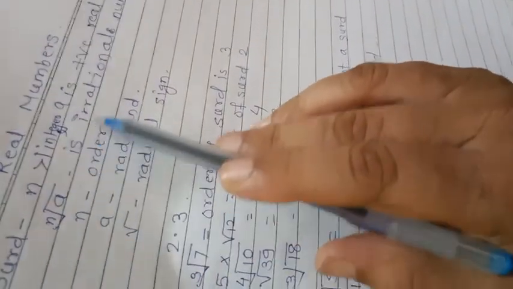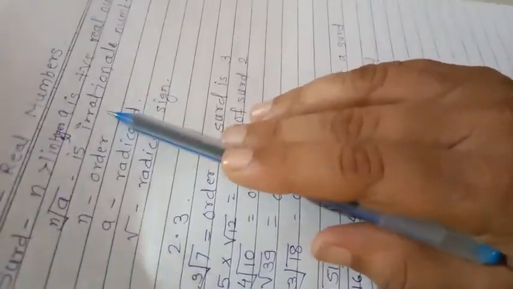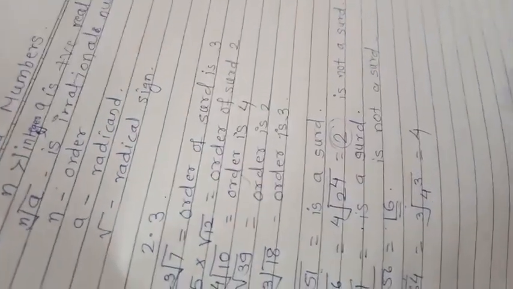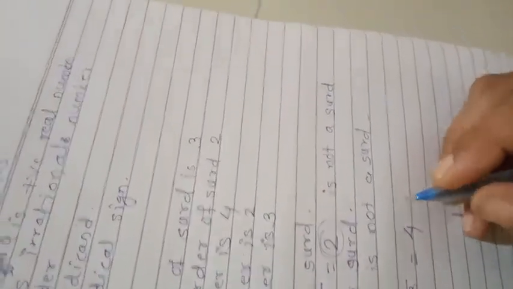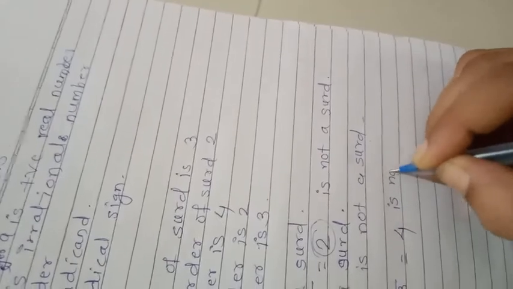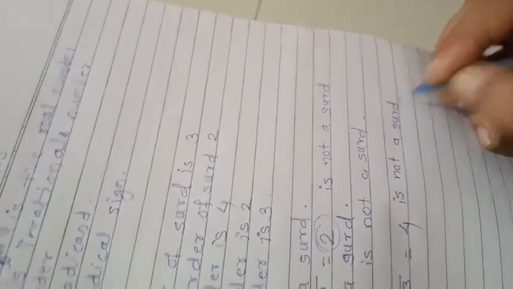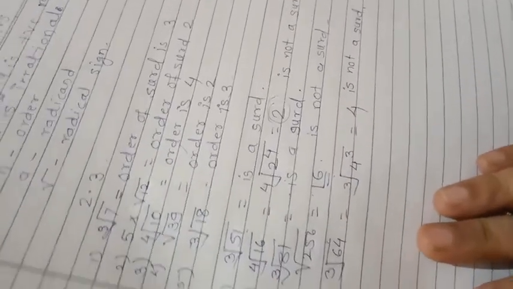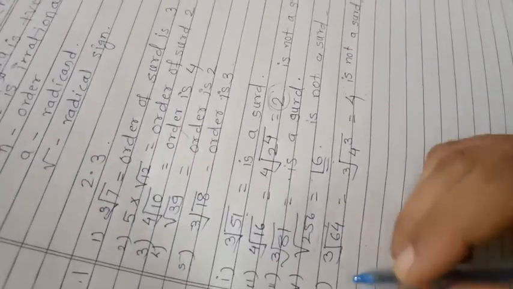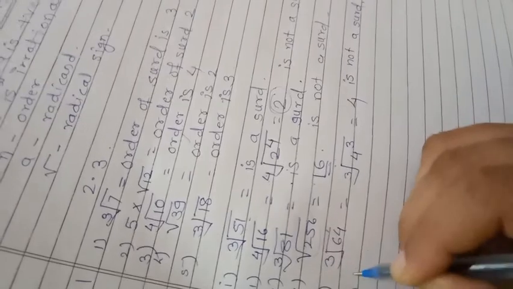The nth root of a is an irrational number. This condition is not satisfied, and therefore this is not an example of a surd. So cube root of 64 is not a surd.